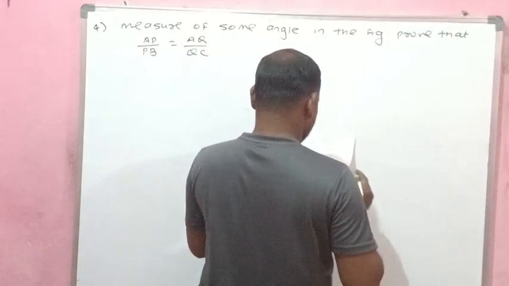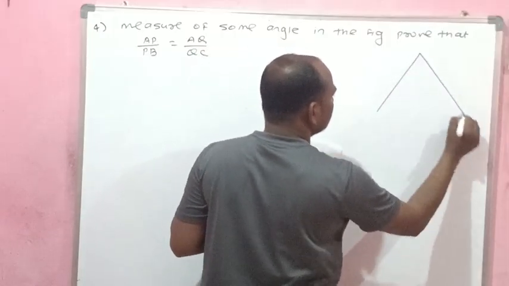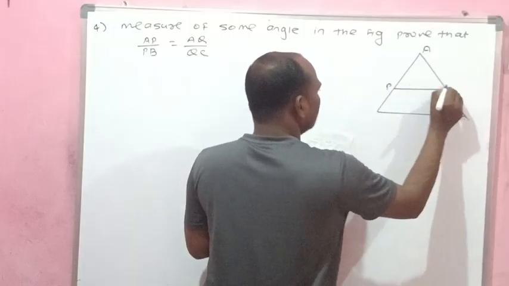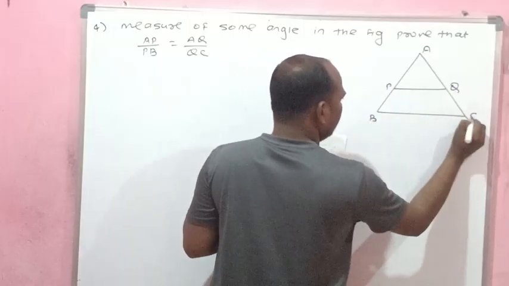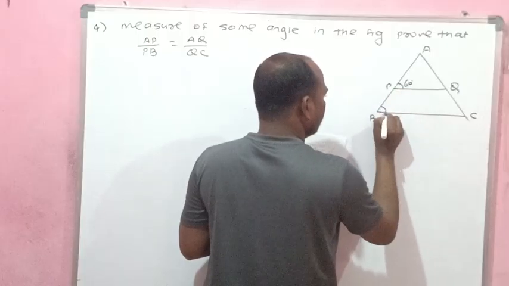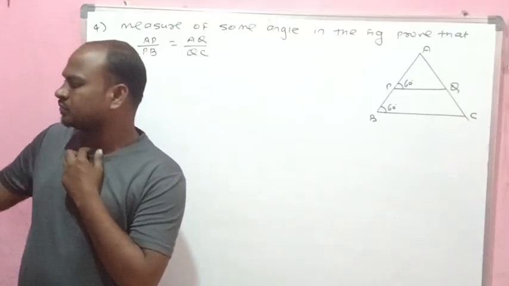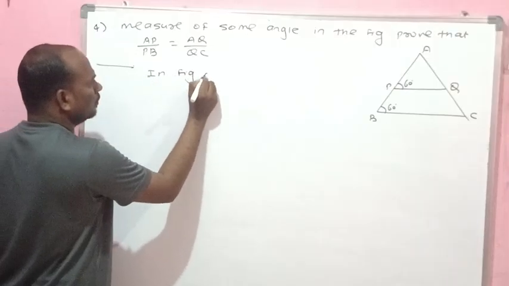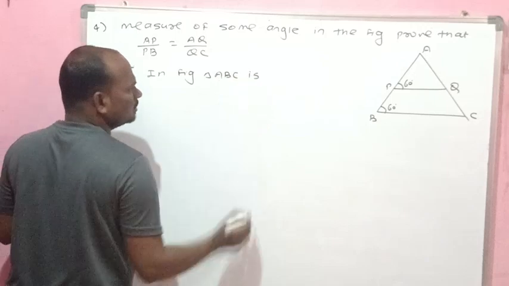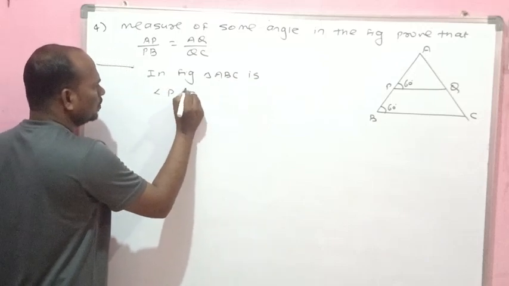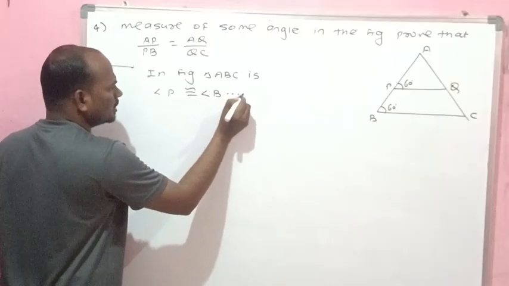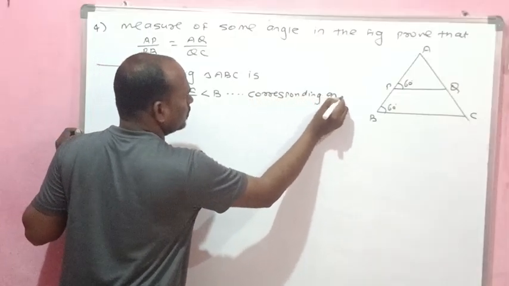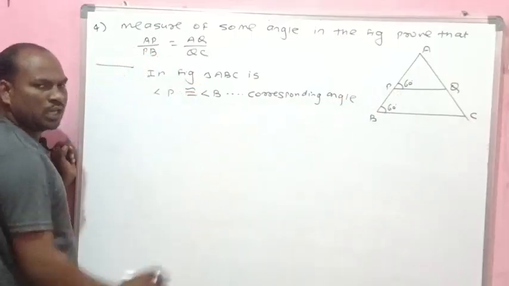Now therefore A, P, Q, B and C, this is 60 degree and this is 60 degree. Now in figure triangle ABC is the angle P, that is corresponding angle or interior angle.